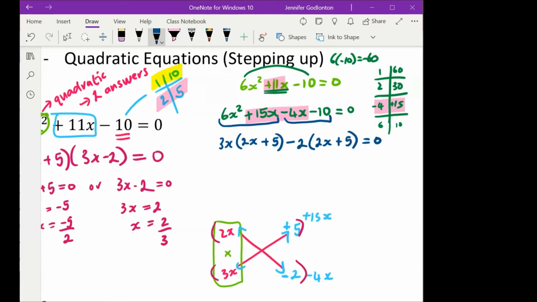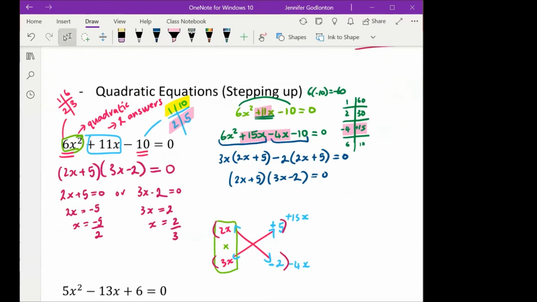Remember, with grouping, our goal is to get a common bracket. If we don't have a common bracket, we know we're doing something wrong. Take out our common brackets, we write what we are left with, make it equal to 0, and then from there, it's exactly the same as that.